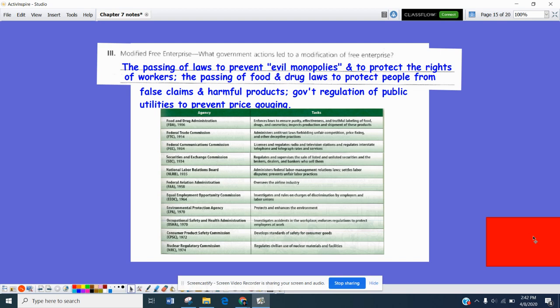If you take a look here, you got the Pure Food and Drug Act or the Food and Drug Administration going back to 1906. If you remember some things that we talked about in American history with the Meat Inspection Act and all that. This is all kind of coming out of that. The Federal Trade Commission, the FTC, making sure that we're not having unfair competition or price fixing, any kind of other deceptive practices.